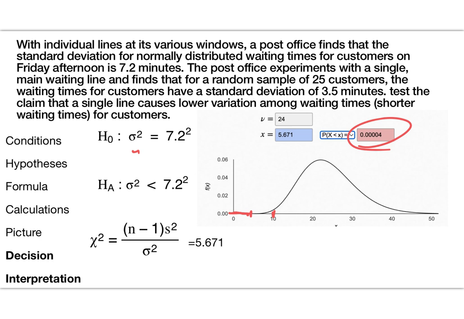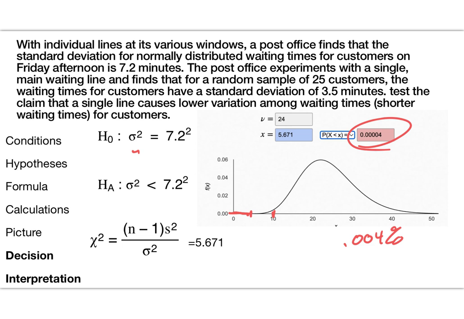So if we assume the null is true, if we assume the variance equals 7.2 squared, what we saw happen should happen 0.004% of the time, which is virtually impossible.